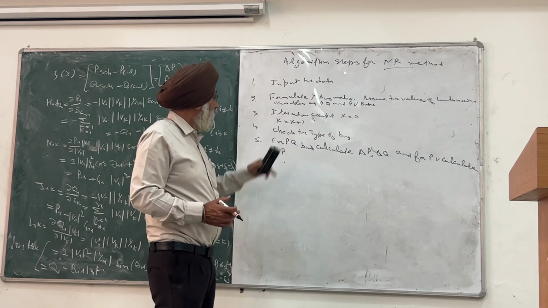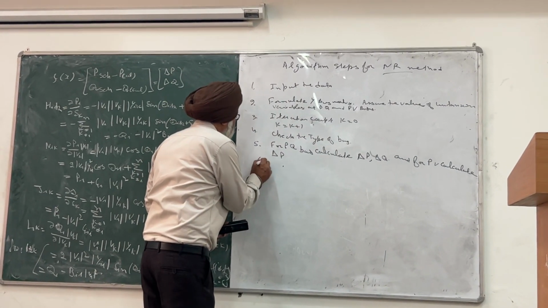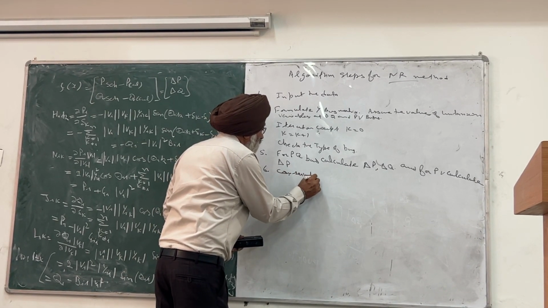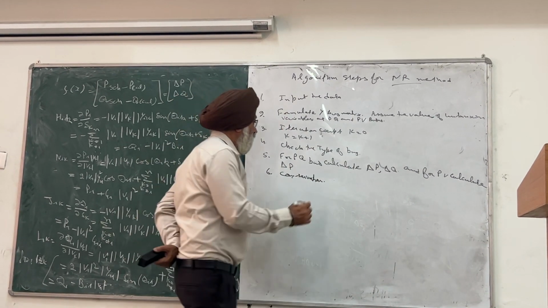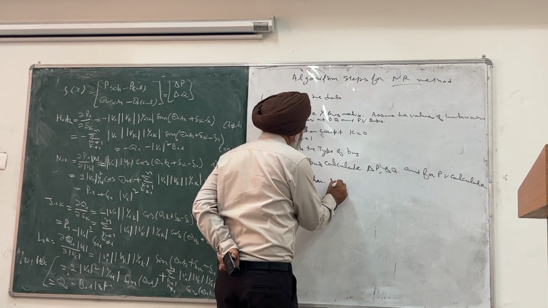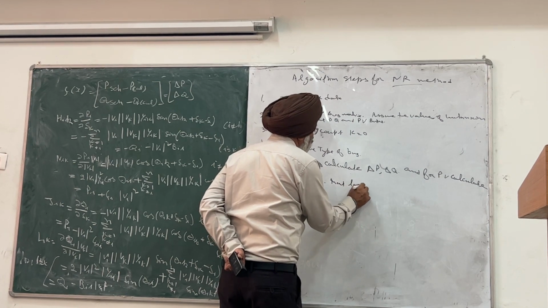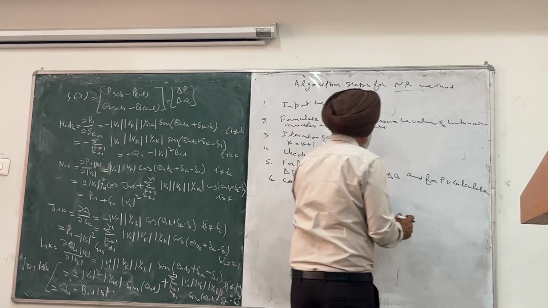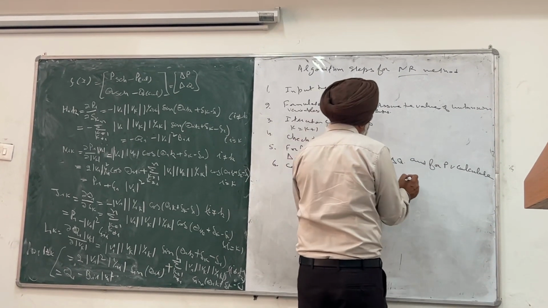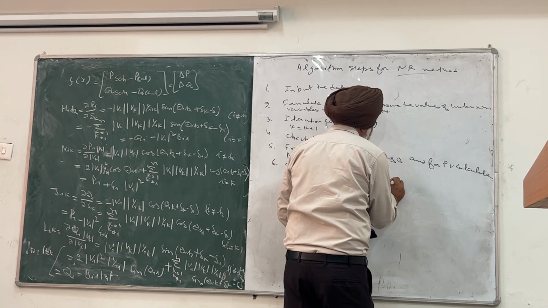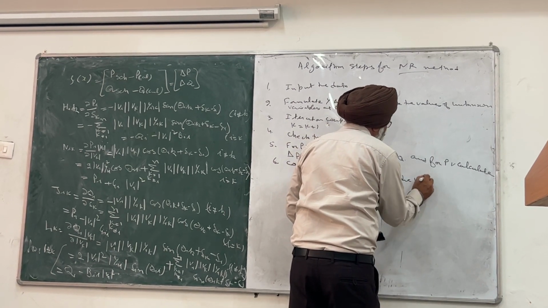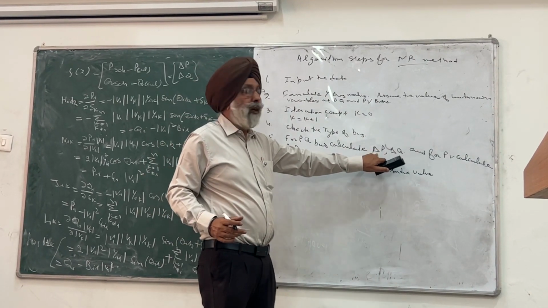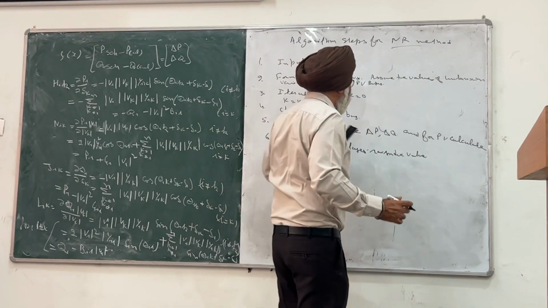So here we can check the convergence: the largest residue value, meaning the largest of delta P, delta Q, or delta P in this case.